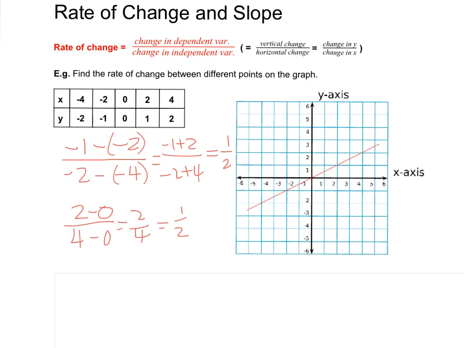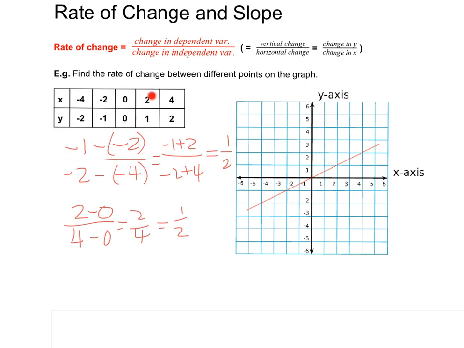Interesting. Why don't we look at one more pair to see if we will get 1/2 again? So this time let's look at between this point here and this point here. Okay, so from (-2, -1) to (2, 1). So this is where we end up at. This is where we began.